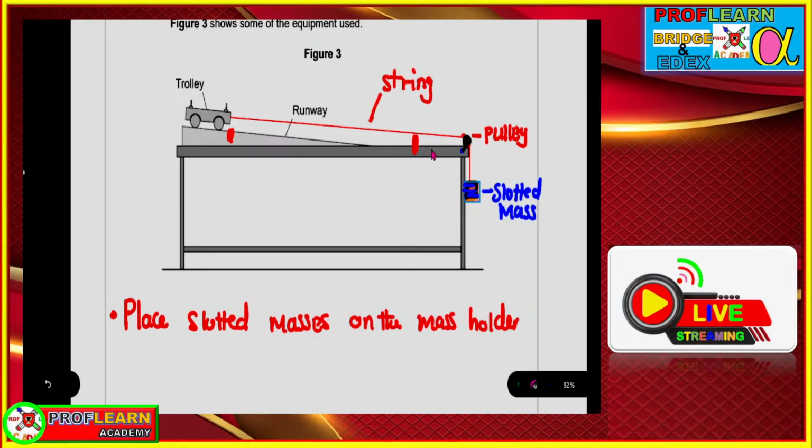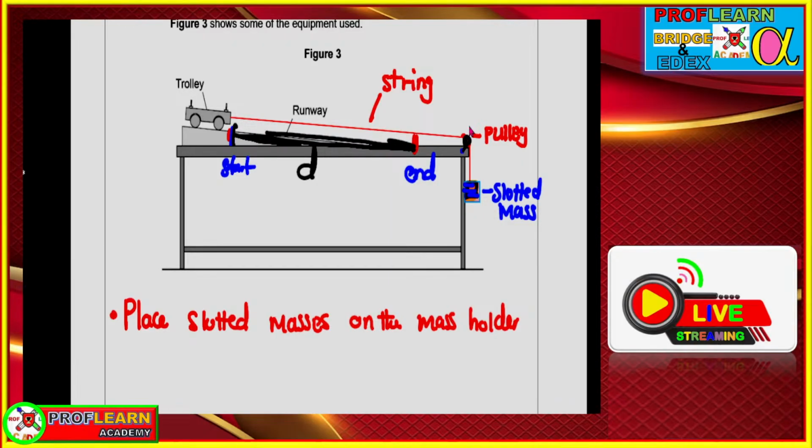For instance, we can say let this be our starting point, start, and then we have the end point somewhere here. Then you're going to use a meter rule to measure the distance between this starting point and the end point, so that you can determine how long, for each amount of force or amount of mass you are going to be adding here, it is going to pull this trolley down.